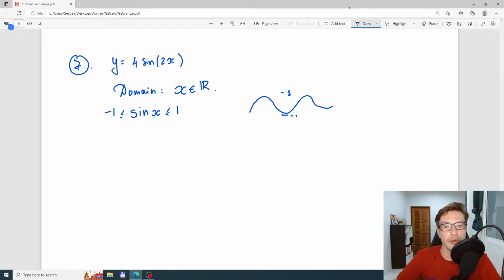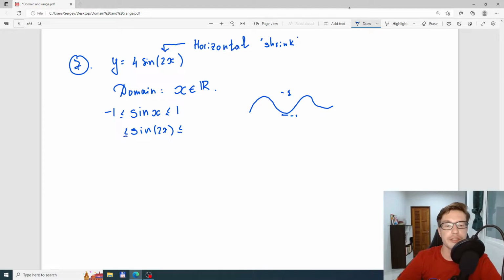Now, what happens if we put 2 next to x? The graph is going to shrink on the x-axis 2 times. Horizontal shrink, but it's not going to change the output values.